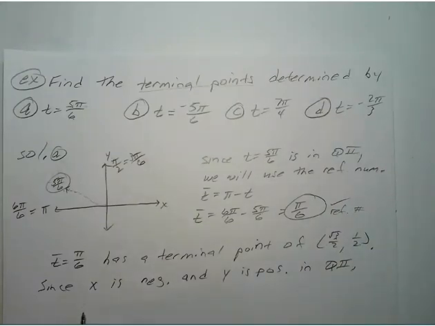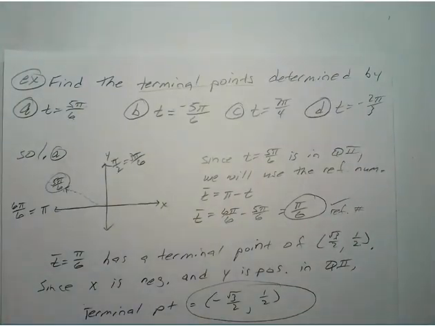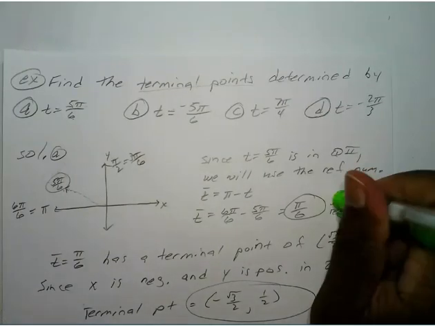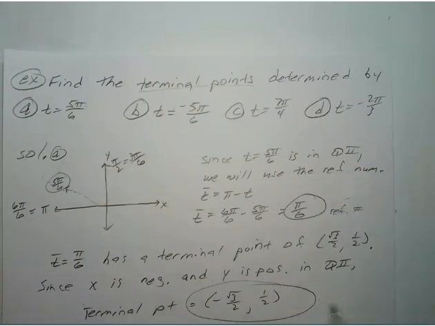Okay, so your terminal point can be negative square root of 3 over 2 and 1/2. Okay, so this is your answer. So I'll move the check from there to there. Okay, so that's how you find your terminal point.